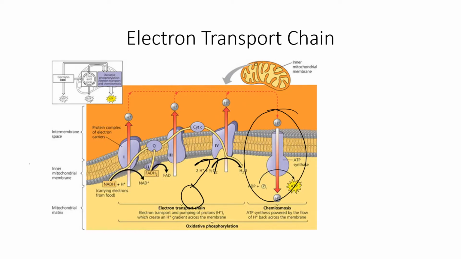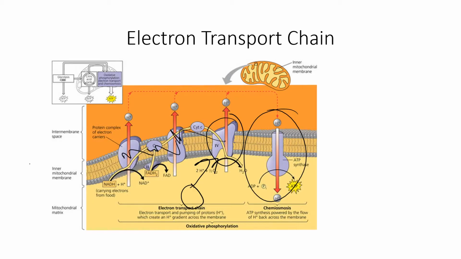And this should make sense, I hope, from the previous lectures, right? If electrons aren't being taken away from the fourth complex, then the electrons will accumulate in the chain, and the chain will get backed up and it'll slow down. So this chain, and by that I mean the electron transport chain and oxidative phosphorylation as a whole, is only going to operate as quickly as there is oxygen coming to it.